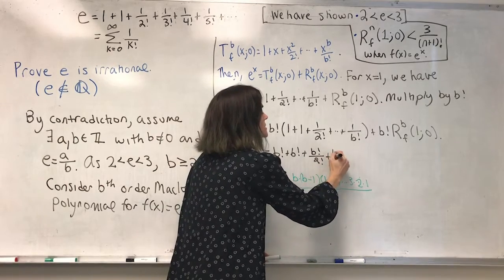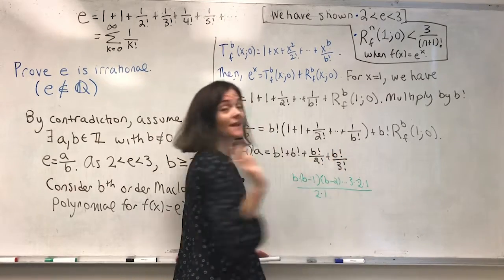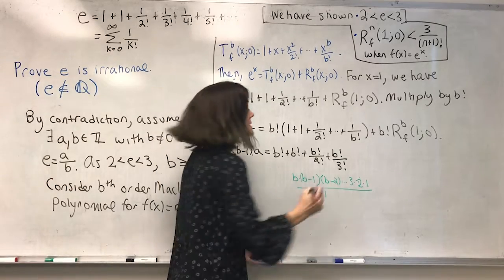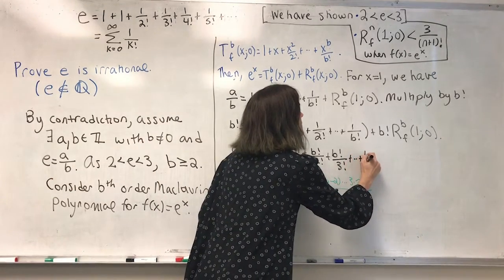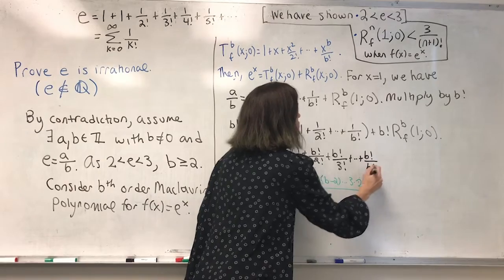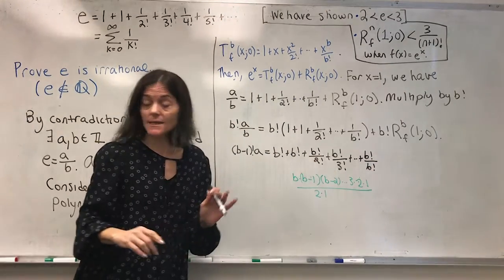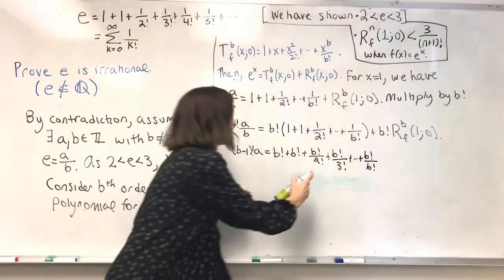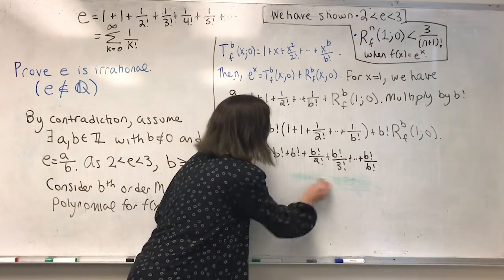We would continue to the next one, integer for this similar reason, all the way down to b factorial over b factorial. And again, this is an integer. B factorial over b factorial is 1. Okay.